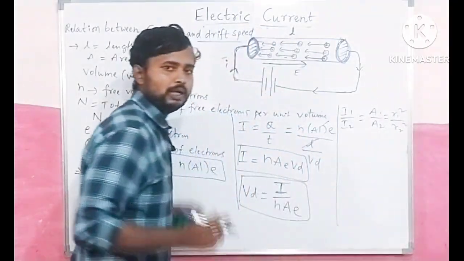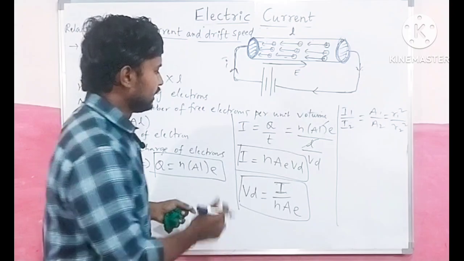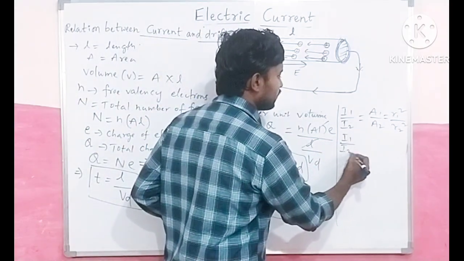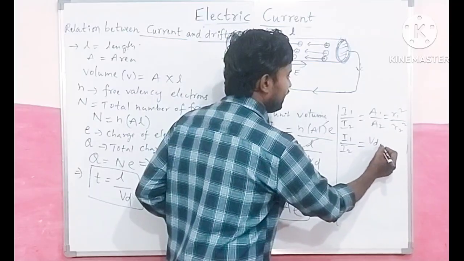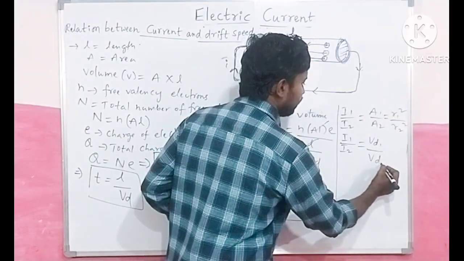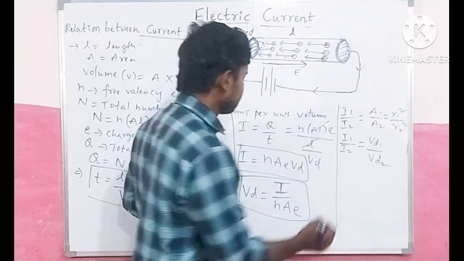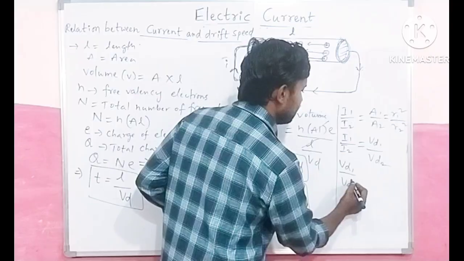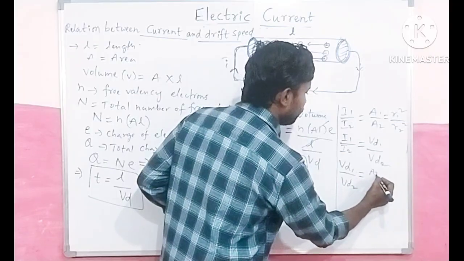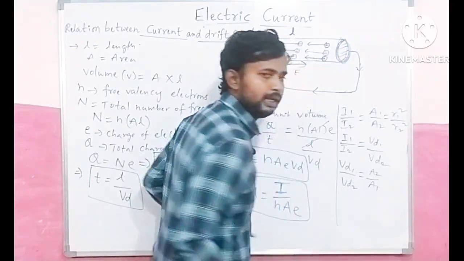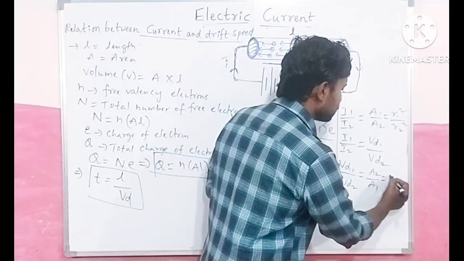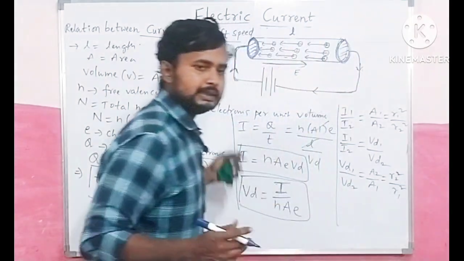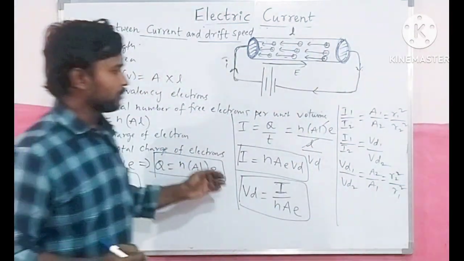Next, I1 by I2 equals v_d1 by v_d2. The relationship between the drift speeds is v_d1 by v_d2 equals A2 by A1, which is equal to r2 square by r1 square. This is the relationship we get from this equation.